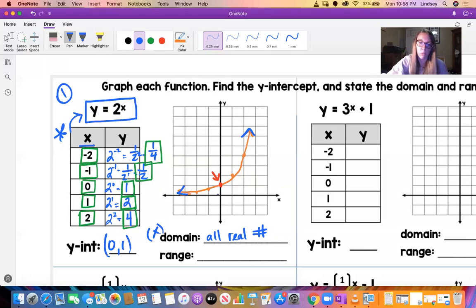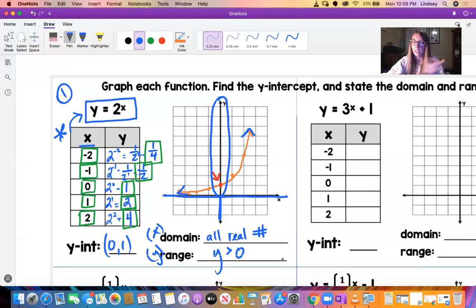And once again, this one doesn't go below my x-axis. It doesn't cover any of these y values here. So it's just going to be all of the positive y values on and on and on forever. So it's anything that's greater than 0 on the y-axis for our range.